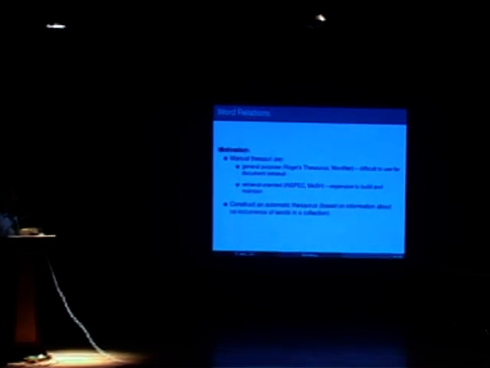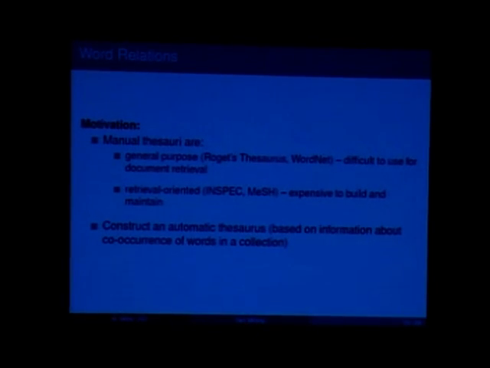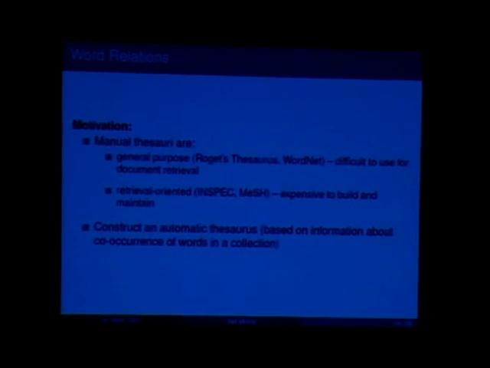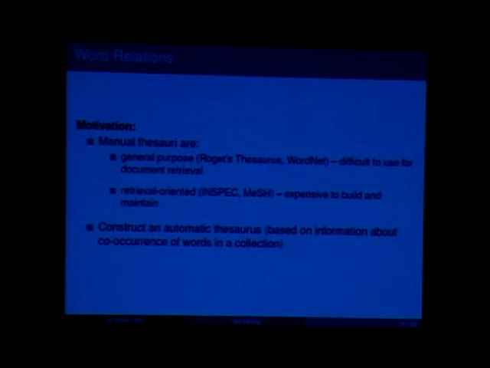What we are going to look at instead is how you might go about constructing an automatic thesaurus. As the title suggests, this would be based on gathering information about word association. So you basically look for whether words co-occur together.